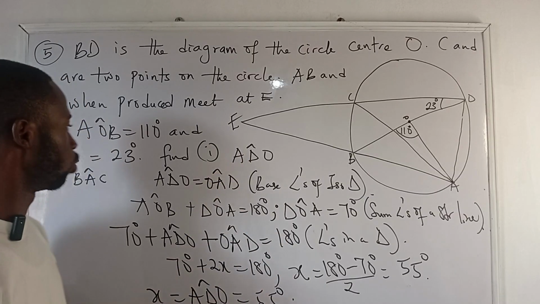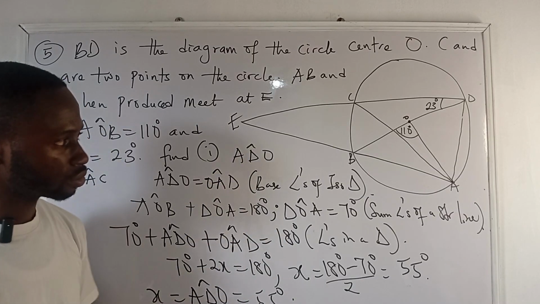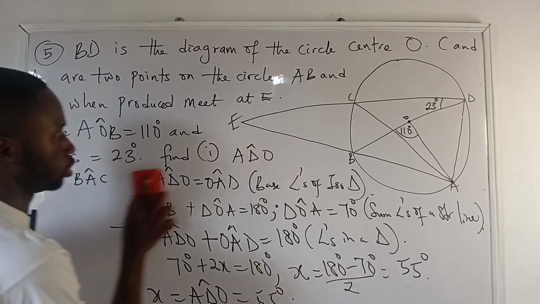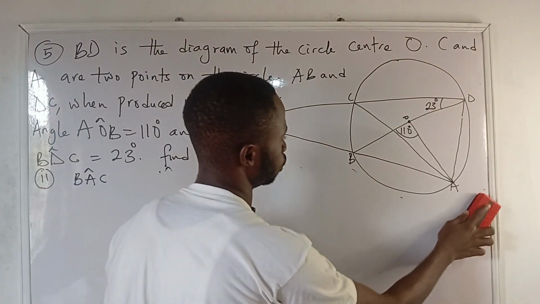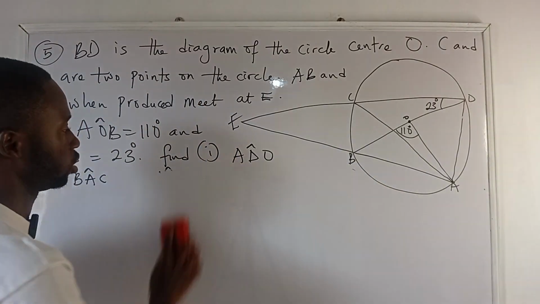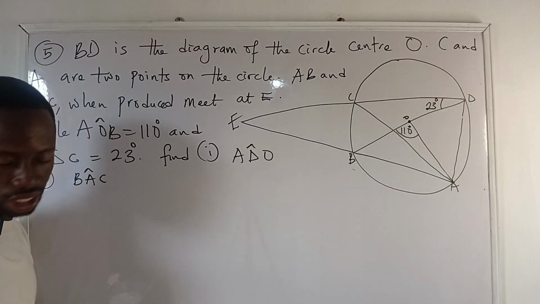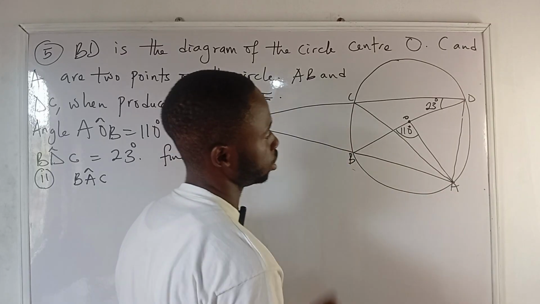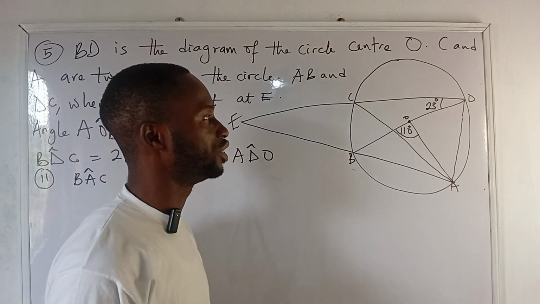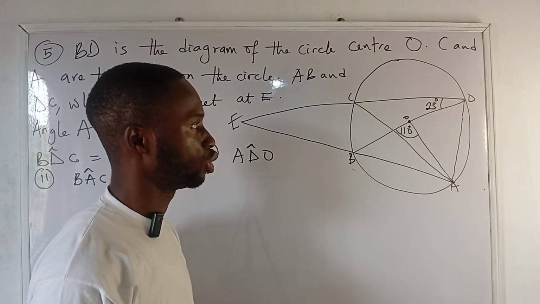So let's find the value of BAC. To do BAC, we need to observe another thing here. This is where BAC is. So look for theorems that relate to BAC.